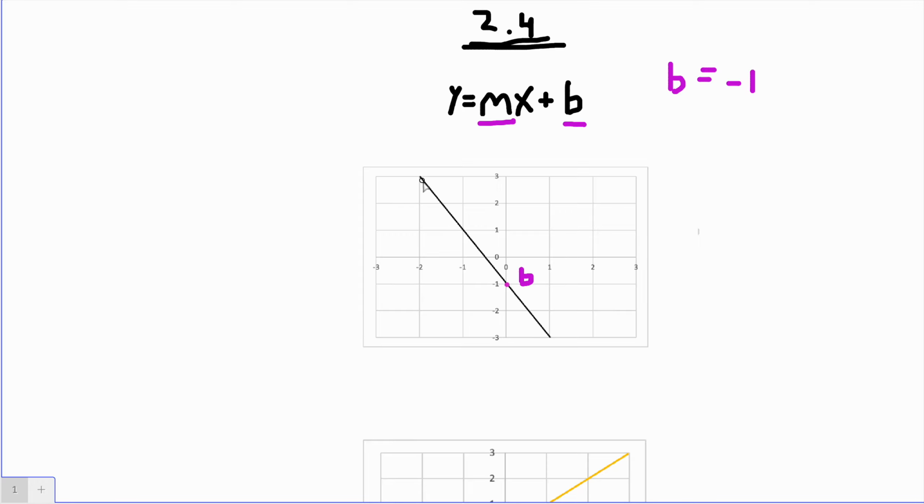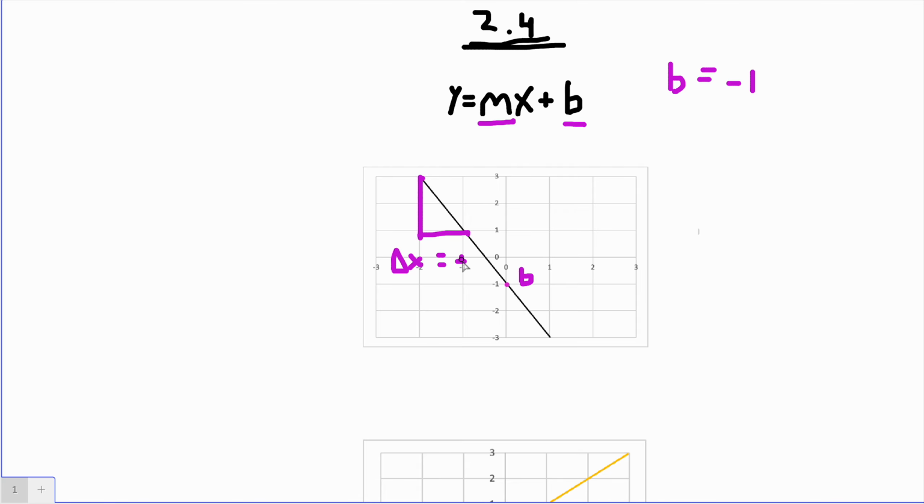Now we can try and find the slope. We would do that by finding a change or difference between two points on the line. So between the points -2, 3 and -1, 1, we have a delta x, or change in x, of -1 minus -2.